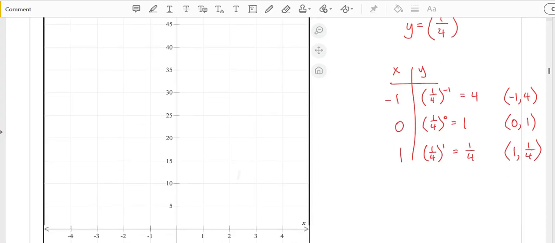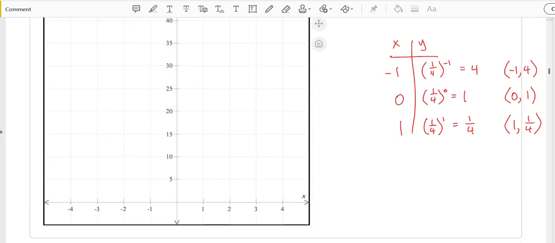Notice that the base is between 0 and 1, so this is going to be exponential decay. My points are going to be -1, 4, 0, 1, and 1, 1/4. So exponential decay looks like that.